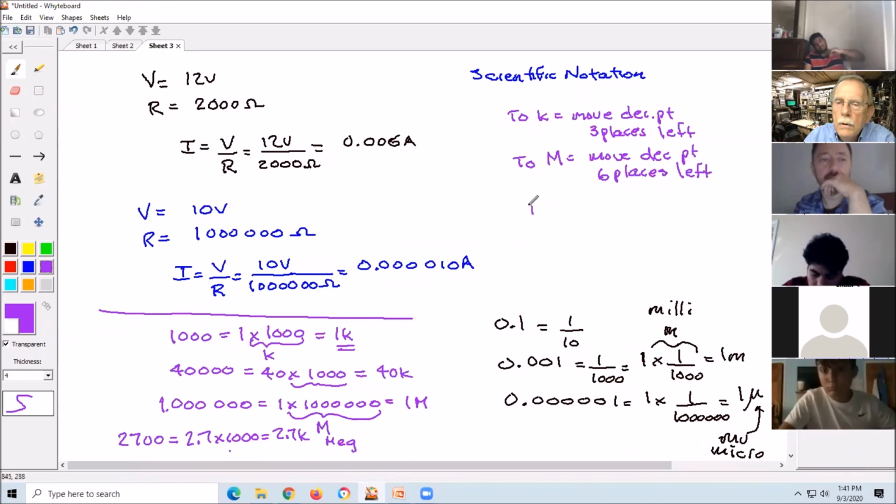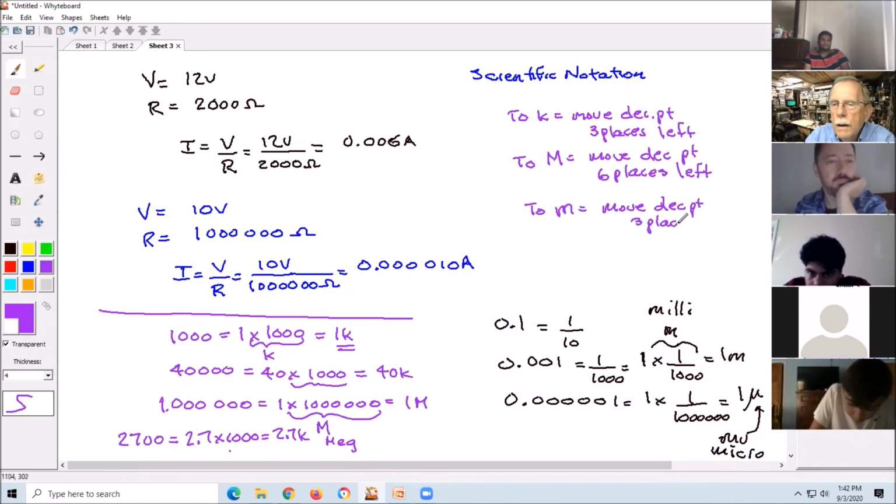If we want to go to milli, lowercase m, we're going to move the decimal point 3 places right.